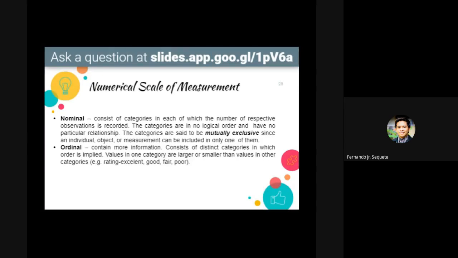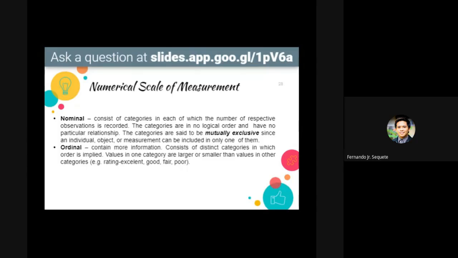Values in one category are larger or smaller than values in another category. Okay? If you look at your grade set, we have excellent, we have good, somewhat like that. So we have categories. And then it is ordered. Okay? Top 1, top 2, top 3, 4, and 5.